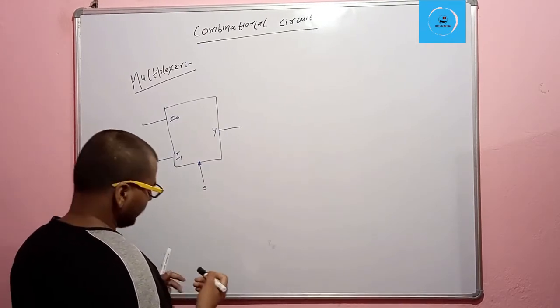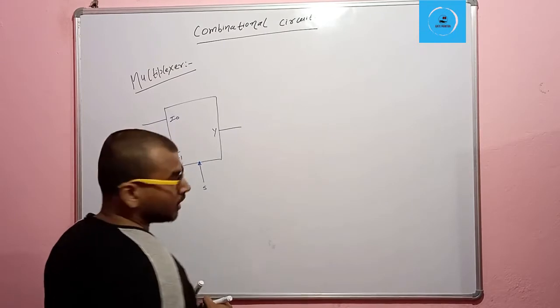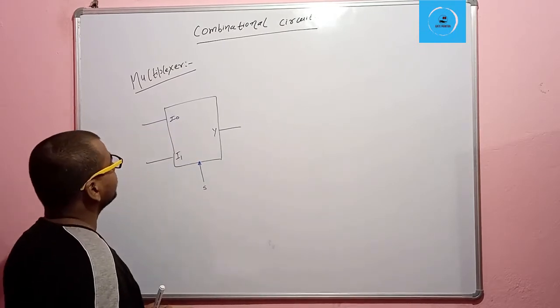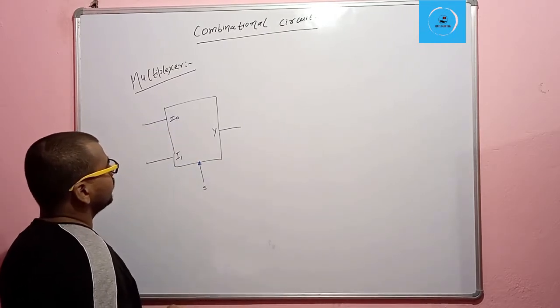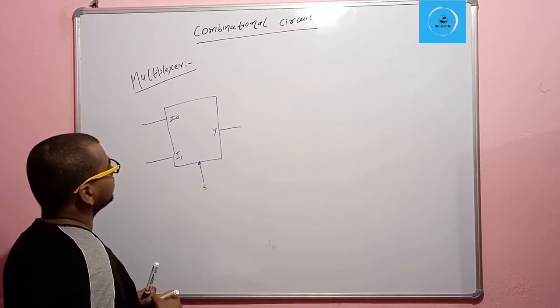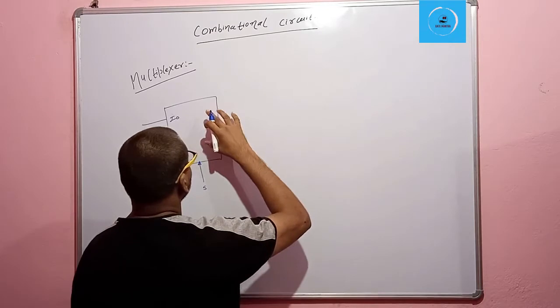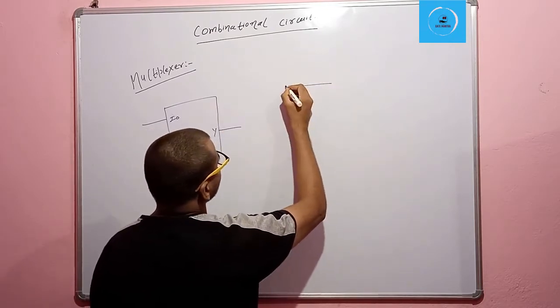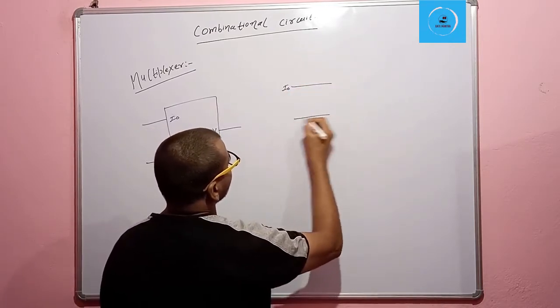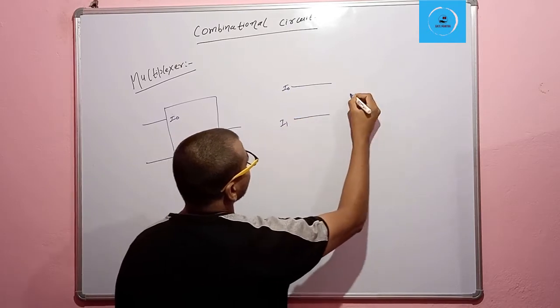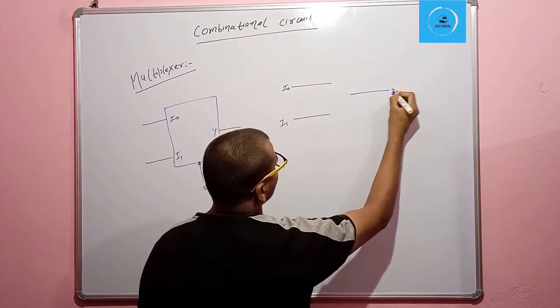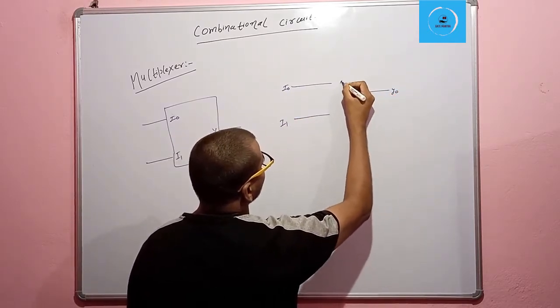Generally, how does the multiplexer work, we are going to see. Before that, let's see another thing to understand how it's working. Here is I0 and here is I1, and here is our output Y0, or Y.